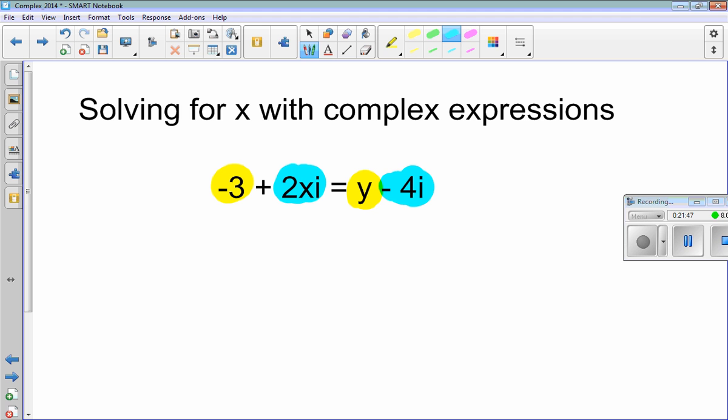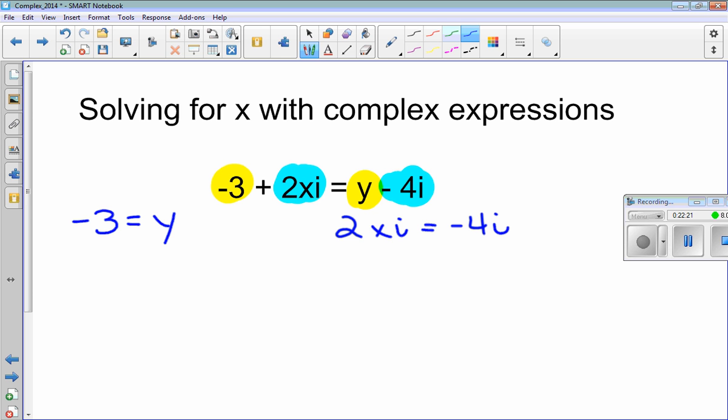If these two complex numbers equal each other, the real parts equal each other, and the imaginary parts equal each other. So that's really the key here. If you have one complex number equals another complex number, we're going to set the real parts equal to each other, and we're going to set the imaginary parts equal to each other.